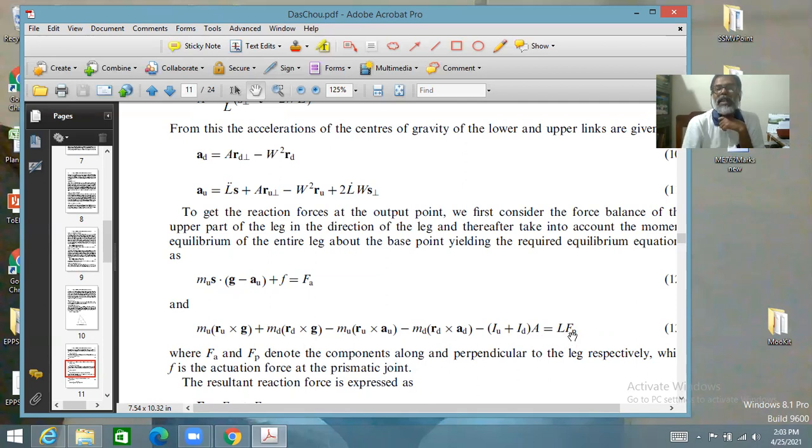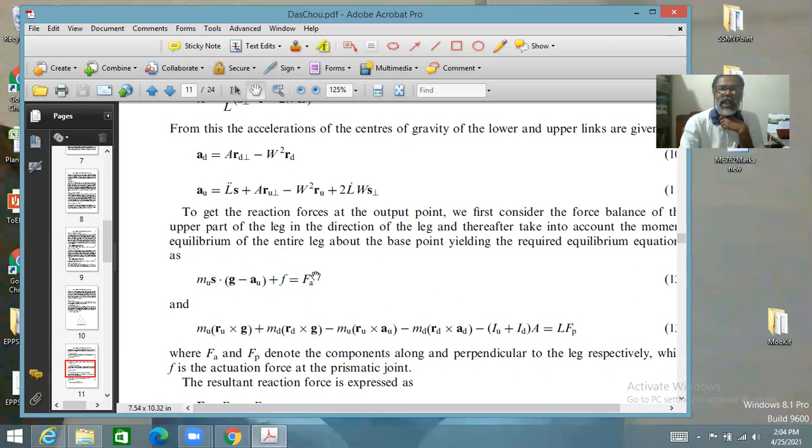Now this complete equilibrium, now this complete force equation, moment equation actually, this complete moment equation of the entire leg, for that we basically consider the moment about the base connection point. So that means the forces coming from the base connection point get eliminated completely. And that is L times Fp, where Fp is the force from this leg on the platform in the direction perpendicular to the leg.